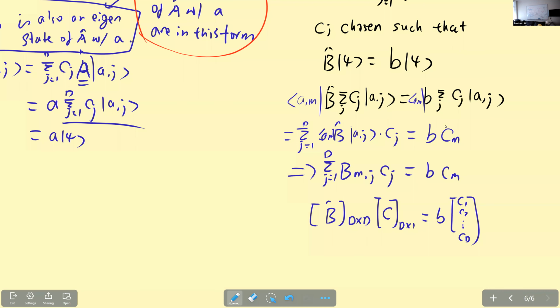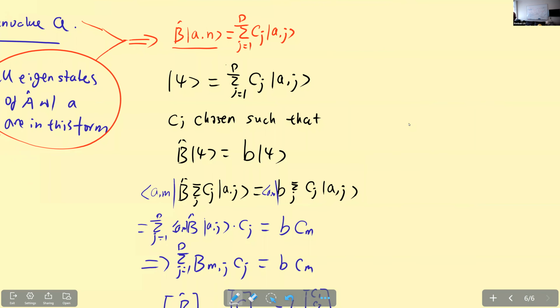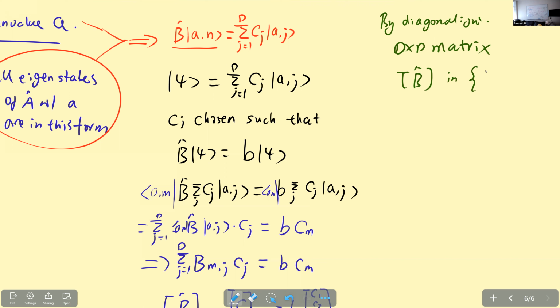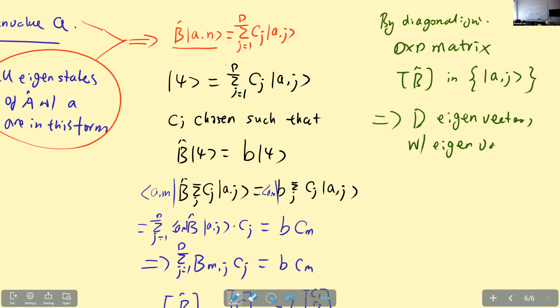And then you can see that by organizing the D times D matrix in the basis, you can find the D eigenstates, eigenvectors with eigenvalue Bk.